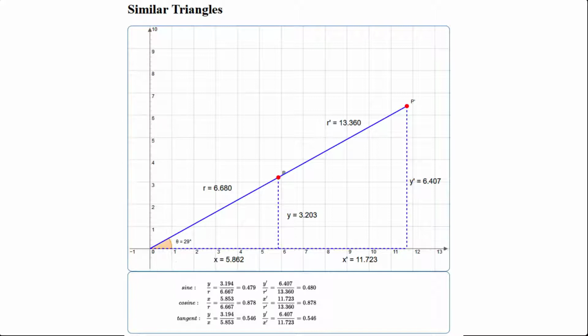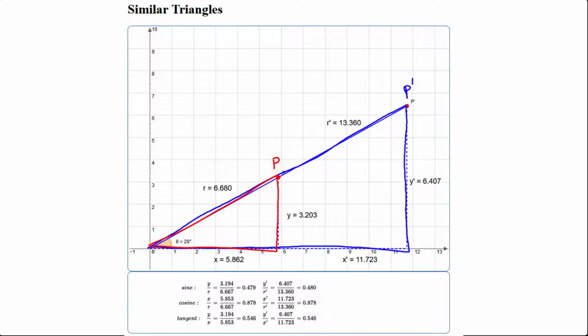For instance, I have one triangle that goes all the way out to point P and back. So that's one triangle. The other triangle, which I'll draw in red, is a smaller triangle right there. Oh, I'm sorry, this is actually point P here, and this is point P prime, but the prime is so small it didn't show.